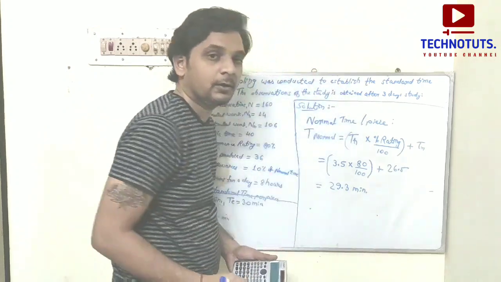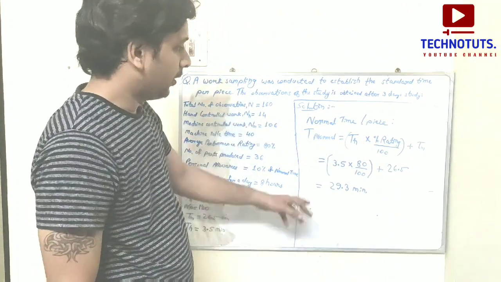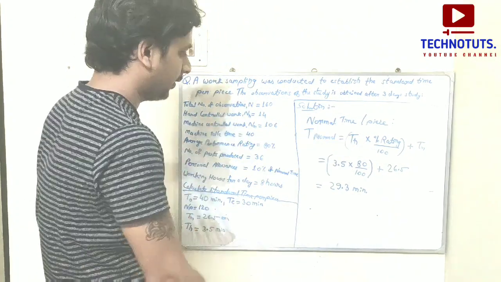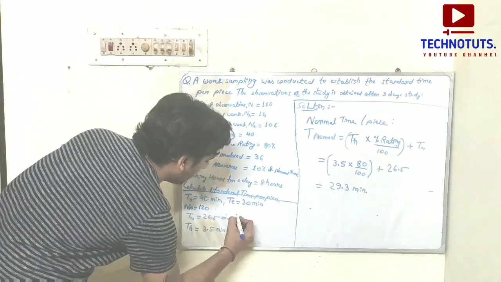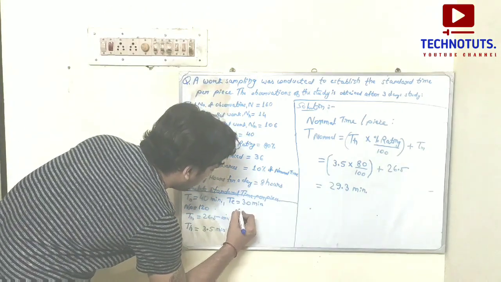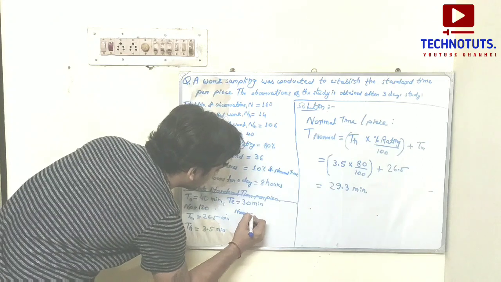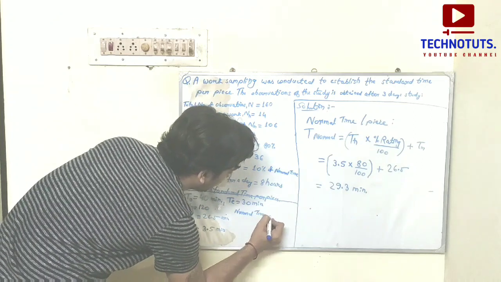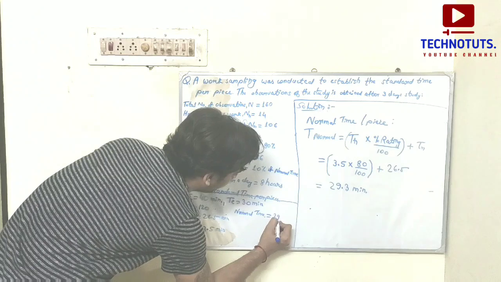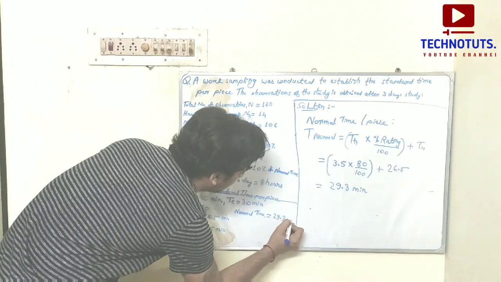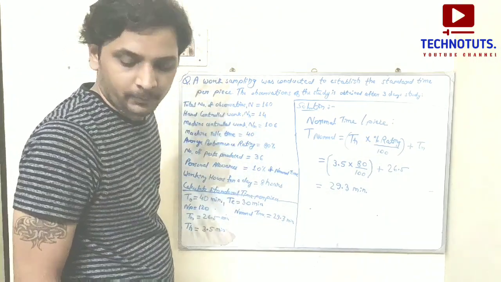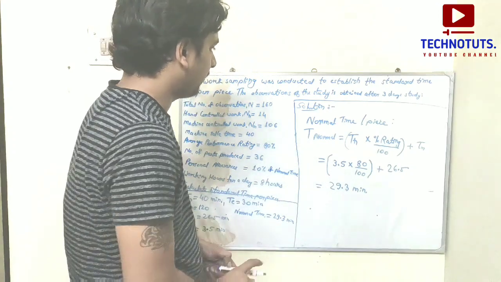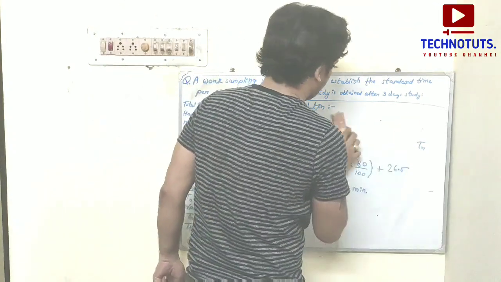Okay students, so normal time per piece is obtained as 29.3 minutes. Let us note down: normal time is equal to 29.3 minutes. Now let us calculate the standard time per piece.